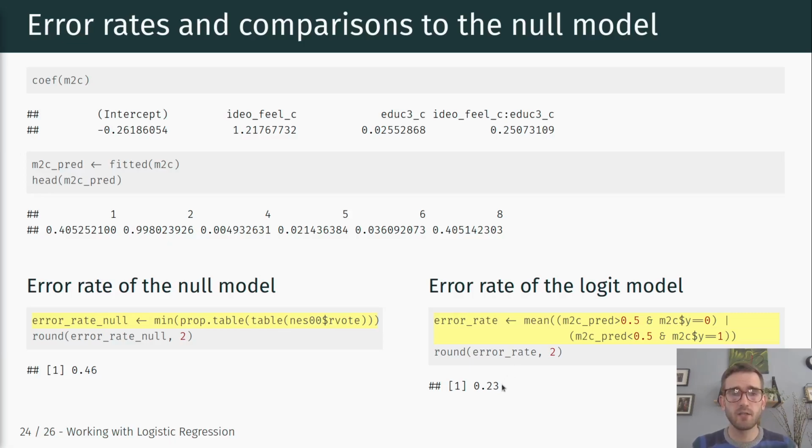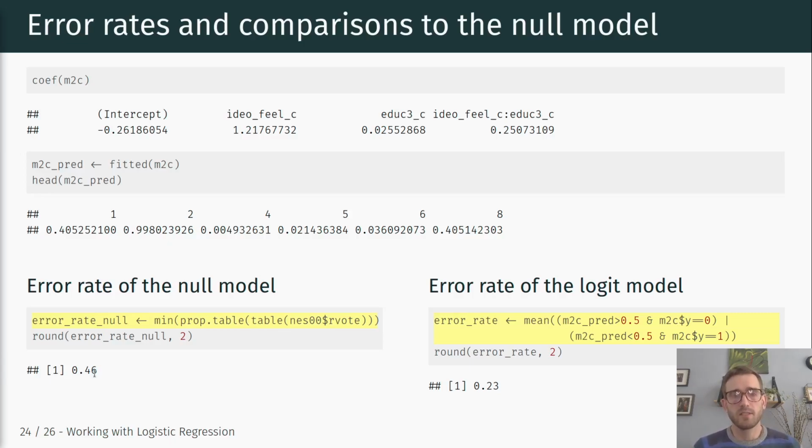And we see here now that our error rate is 0.23, so 23% error using this logit model. So this is obviously quite a substantial improvement compared to this null model, right? We could now proceed and compute these error rates with different types of models and proceed with our model selection based on that, right?